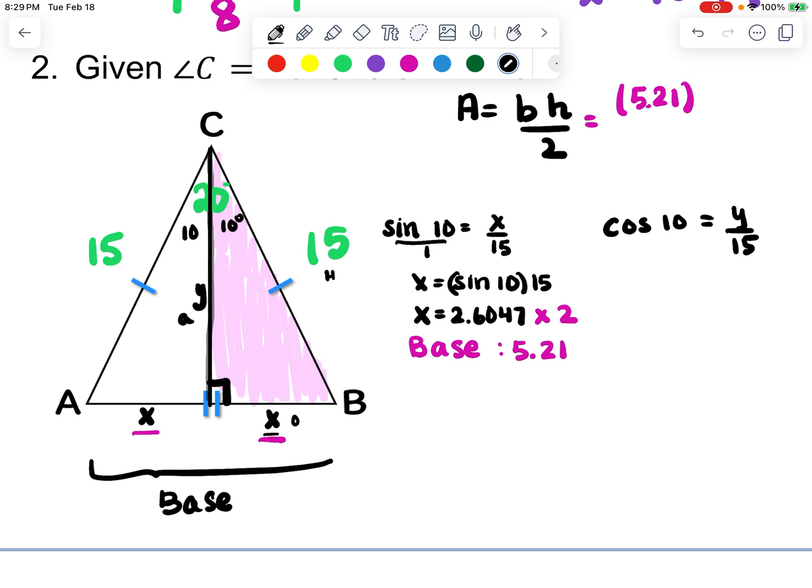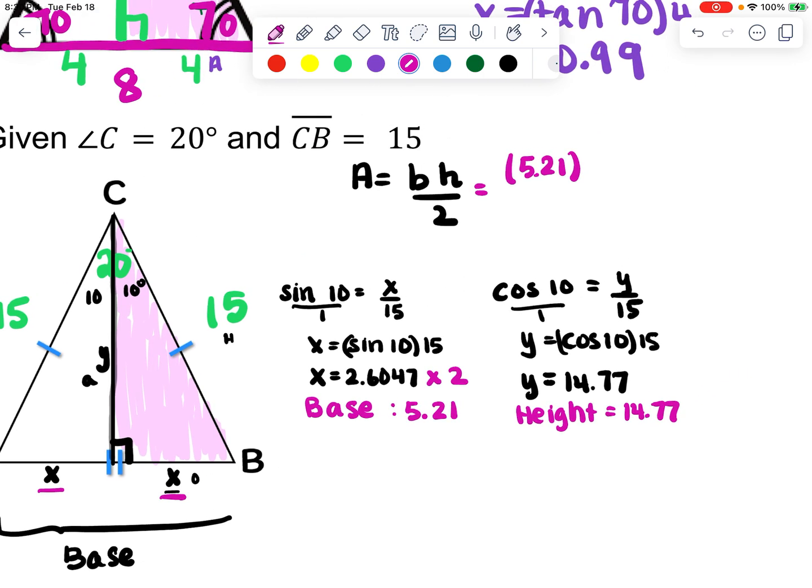So here, this is going to be Y, because this will be over 1, equals cosine 10 times 15. And if we get that, your Y value is going to be 14.77. So now I have that my height, write it down, is equal to 14.77.